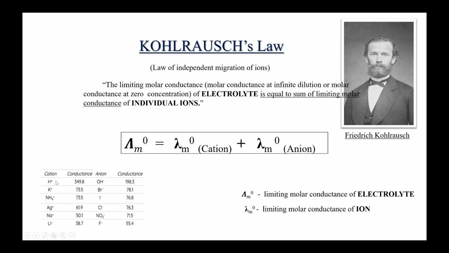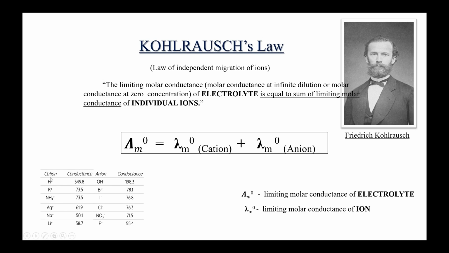So we can see some examples, some cations and anions. So H plus, when it is infinitely diluted, the molar ionic conductance, it means the number of H plus ions is Avogadro's number, and which is infinitely diluted, it means it is not under the influence of any electrostatic force of either cation or anion or any neighboring ions. That time it gives the conductance 349.8 Siemens centimeter square per mole.